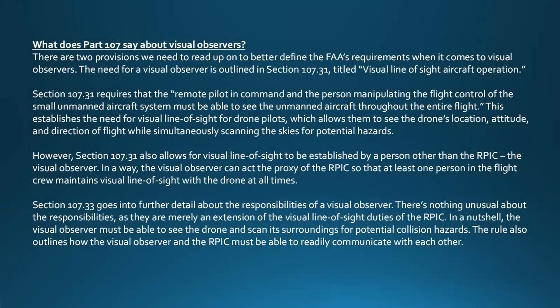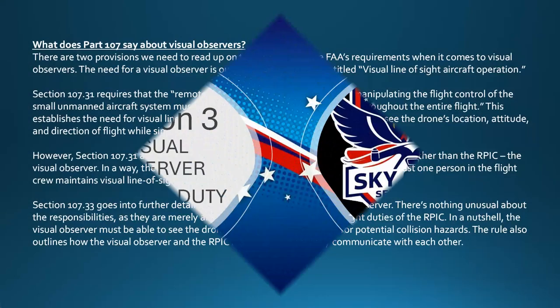If one of them or both of them loses sight, that needs to be communicated because the RPIC has some specific things he or she needs to do under the FARs in order to give time to reacquire that aircraft visually, or else they have to move on to emergency procedures, which may involve trying to return to home or landing the aircraft.